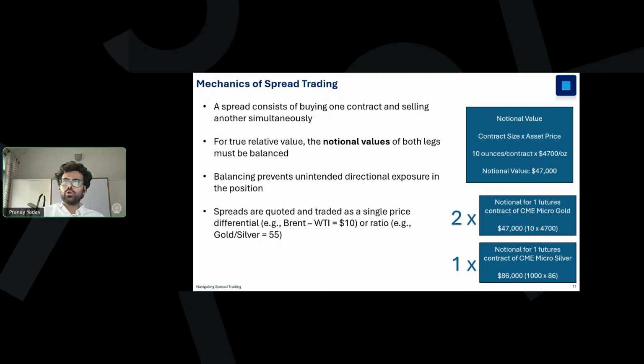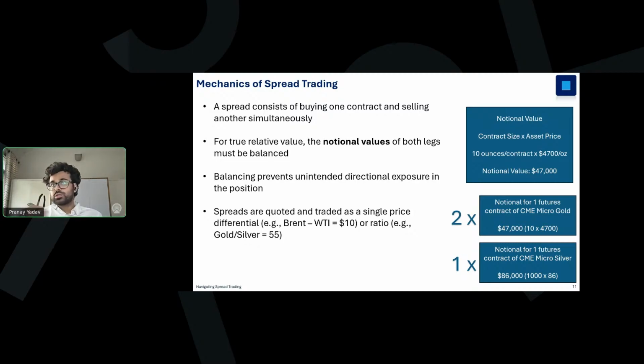Now, spreads can be quoted both as a single price differential or as a ratio. It can depend basically on what type of quantity you're considering. Brent and WTI, which, as I highlighted, are different oil benchmarks, are often traded as a differential between one and the other, which means Brent minus WTI, which as of today is about $10.